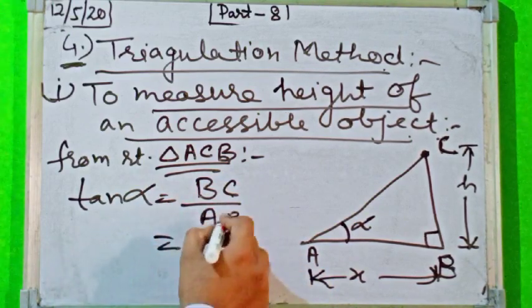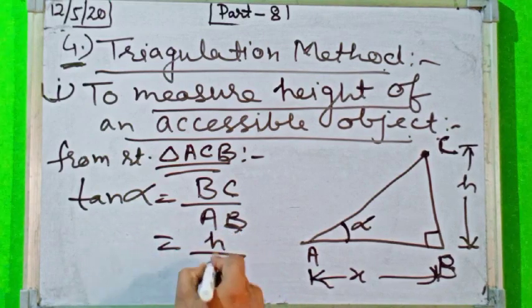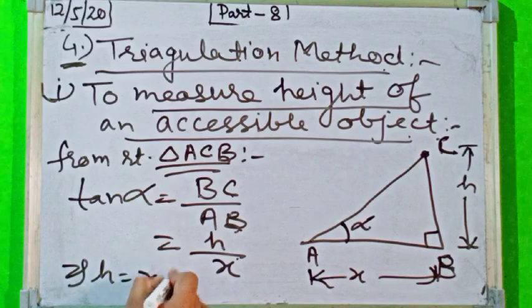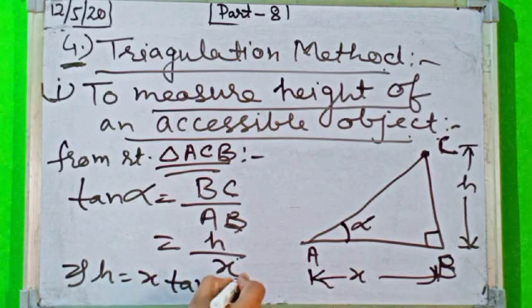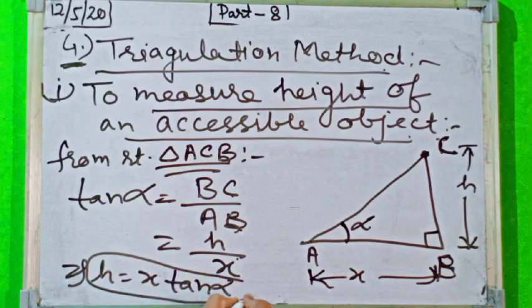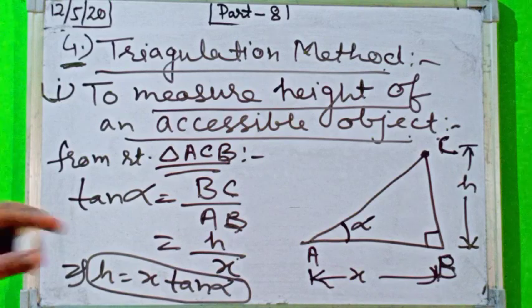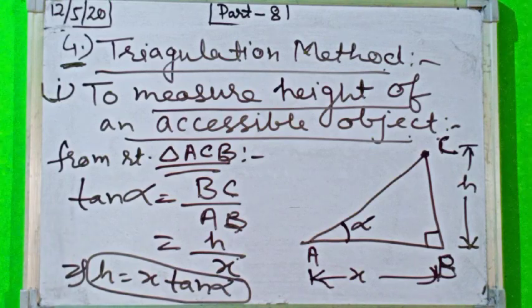The perpendicular is h and the base is x, and from here h is equal to x tan alpha. In this way you can find the height of an accessible object by using simple trigonometry. Okay? Is it clear to you all?